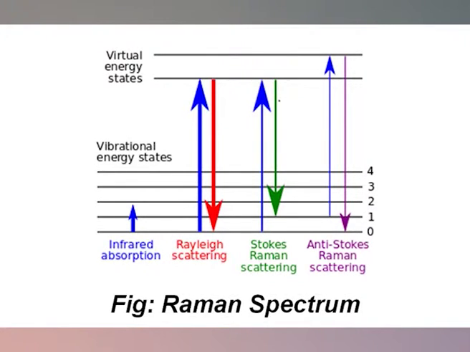This shift in the wavelength or frequency of the photon is what we call a Raman shift. The higher wavelength side is also called Stokes Raman spectrum, while the lower wavelength side is also known as the anti-Stokes spectrum. Now, in the figure you can see the Raman spectrum.